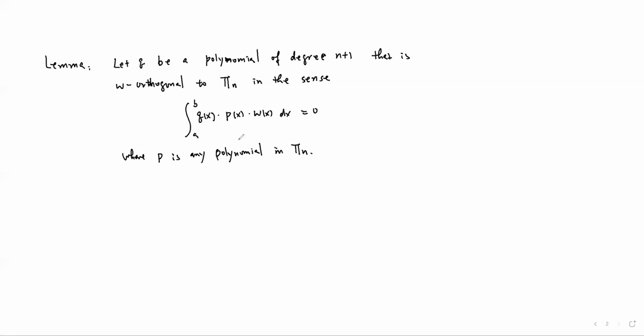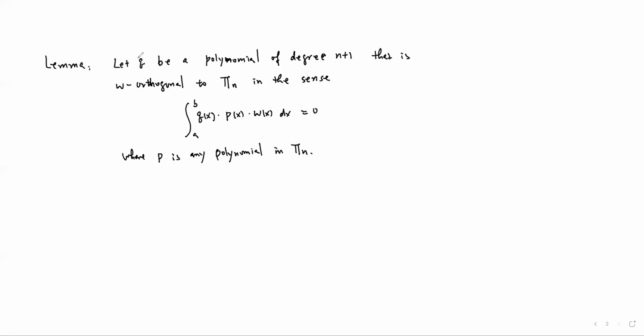That means that for any polynomial of degree not greater than n, this integral is 0. Then we say that Q is orthogonal to all polynomials of degree not greater than n.